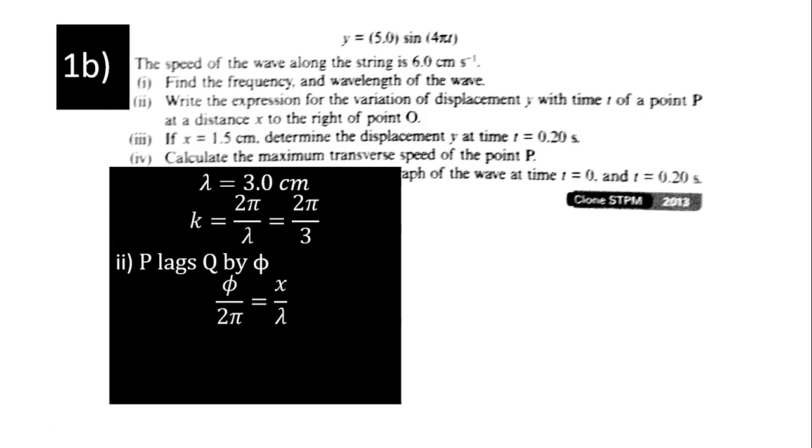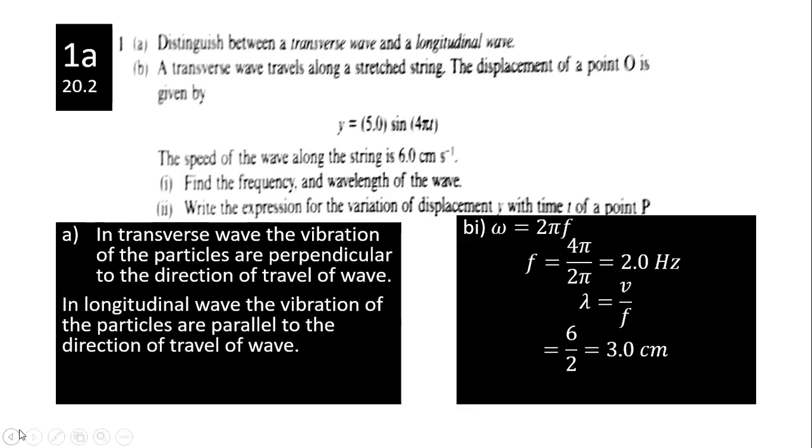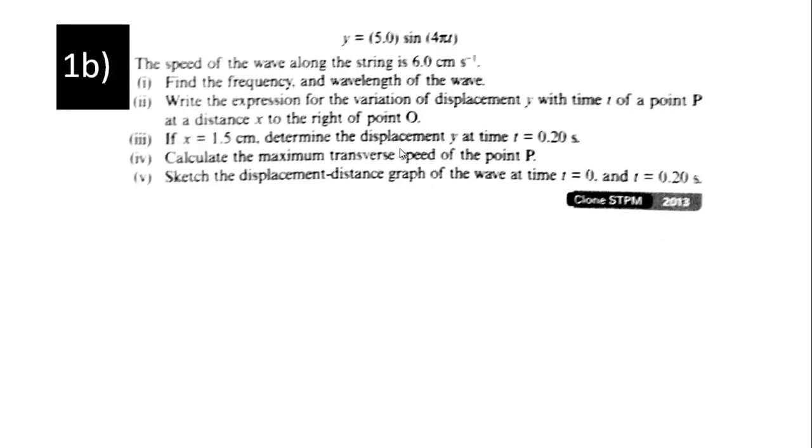Wait, what am I doing? Have I done something wrong here? Find the frequency and wavelength. What am I doing here? Let me just check. Oh, I'm doing part 1 only. Now I'm doing part 2. Okay.